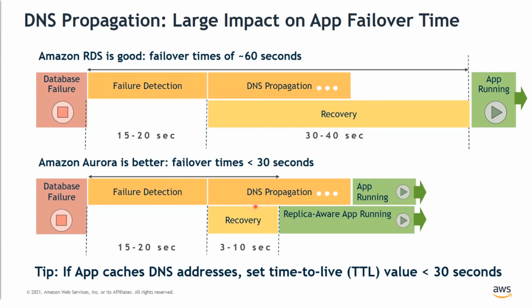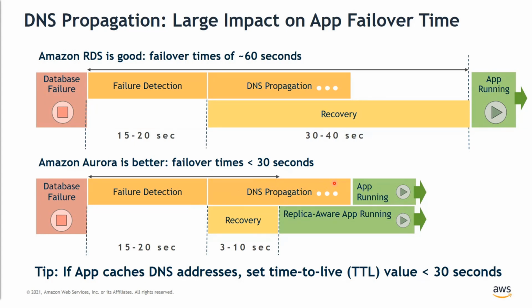But in Aurora, because the storage engine handles recovery under the covers, running recovery is generally lightning fast, generally under 10 seconds. So now all of a sudden, DNS propagation becomes a bigger component of failover time.